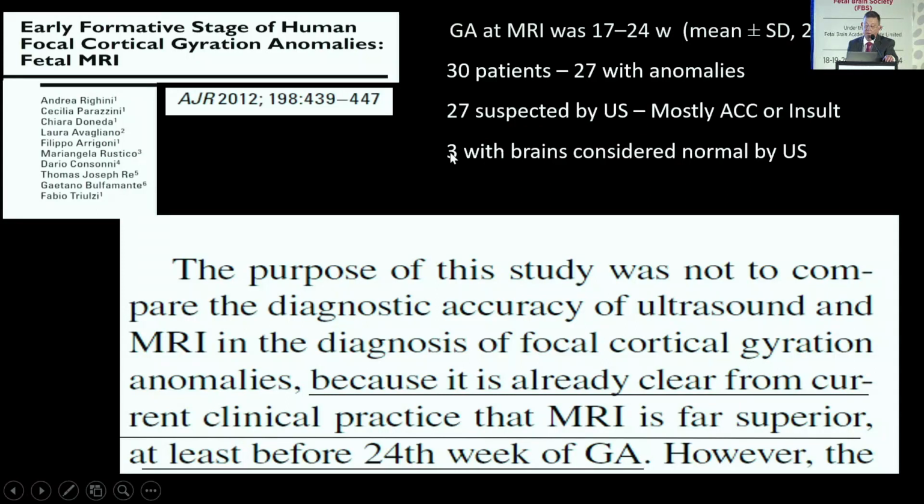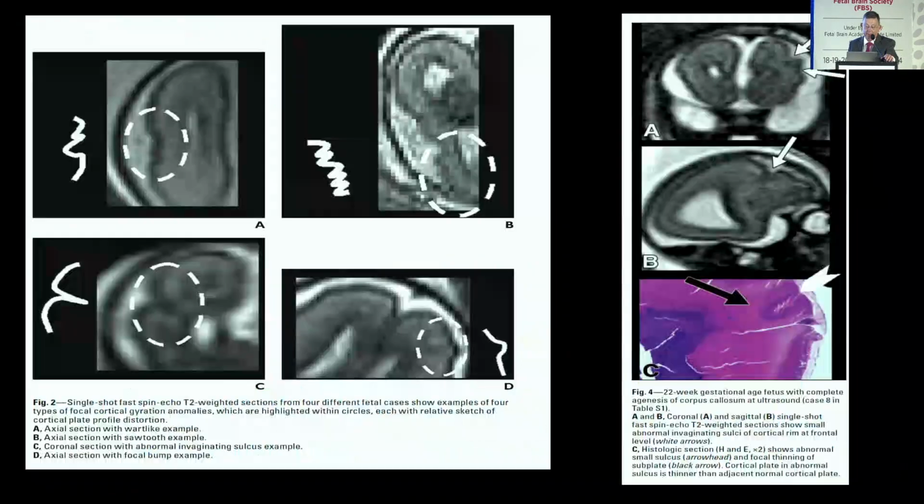Only 3 brains were considered normal by ultrasound. They wrote that it is already clear from current clinical practice that MRI is far superior, at least before 24 weeks, for the diagnosis of these conditions. So the purpose of their paper was not to compare.